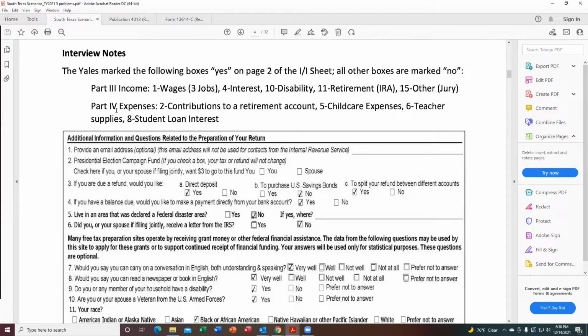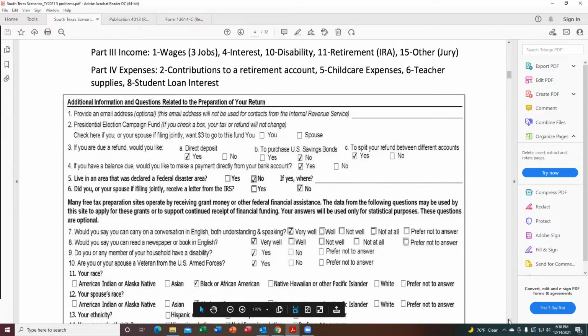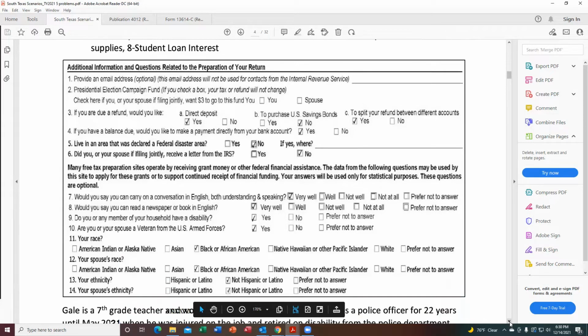So that's sources of income, expenses, contributions to a retirement account, childcare expenses, teacher supplies, and student loan interest. So this is basically that second page. Then you have the third page here.